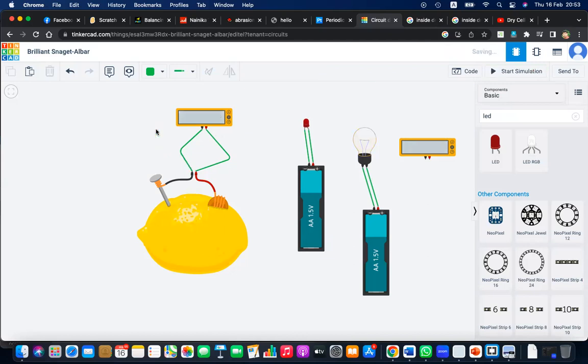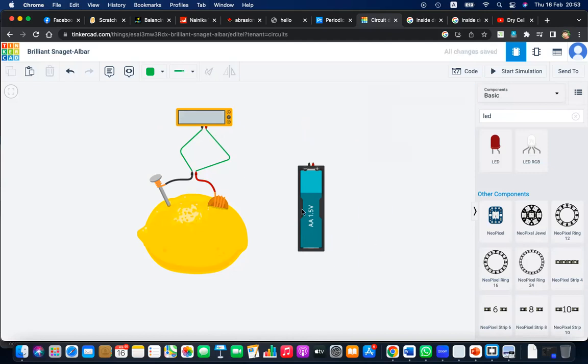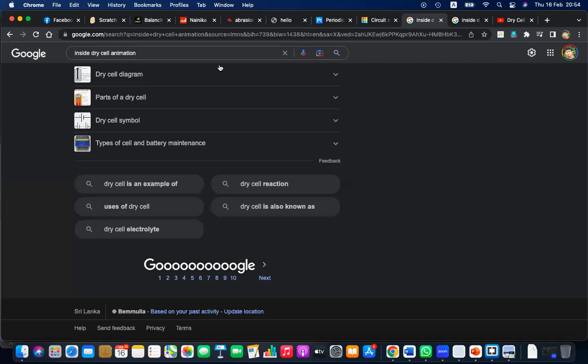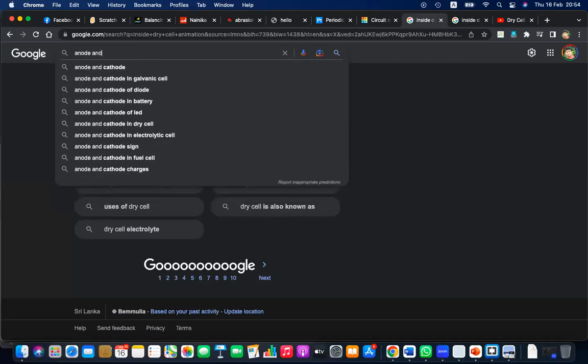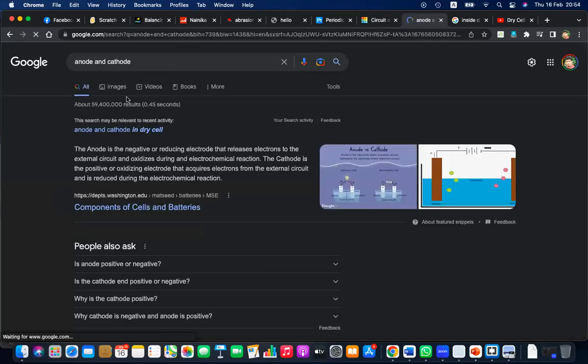Try making a lemon battery yourselves. In the lemon battery we use two metals, one working as the anode and the second one working as the cathode. Here this is how the anode and cathode work, which generate more electrons.